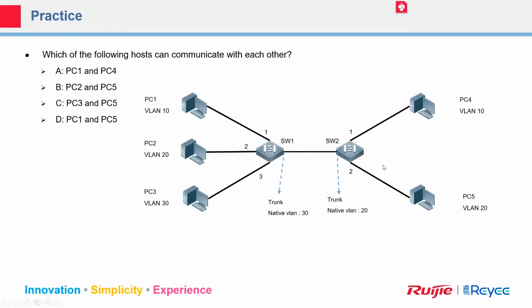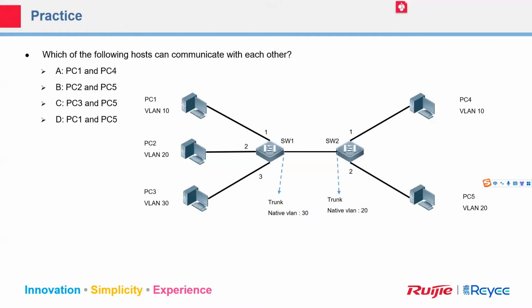Yes, so that's why I say I only give the topology for you to understand the principle. Because in a real network, the native VLAN may be the same, but it depends on the vendor. For example, with some vendors' switches, if the native VLAN is different, the two interfaces cannot work.